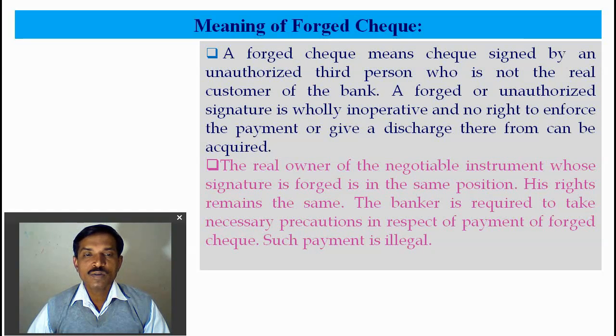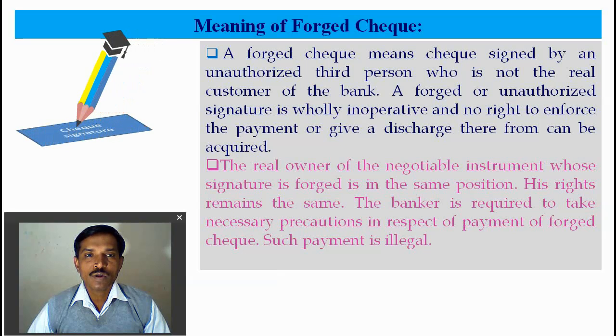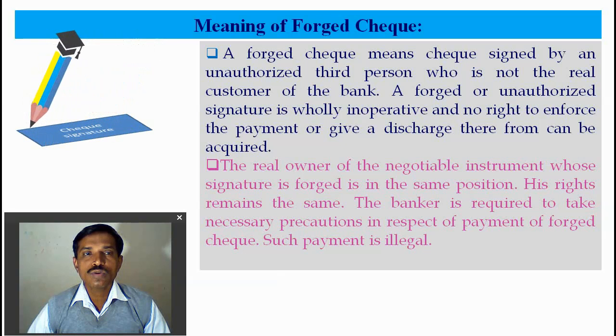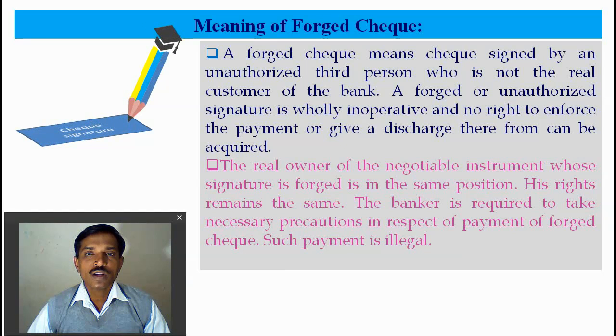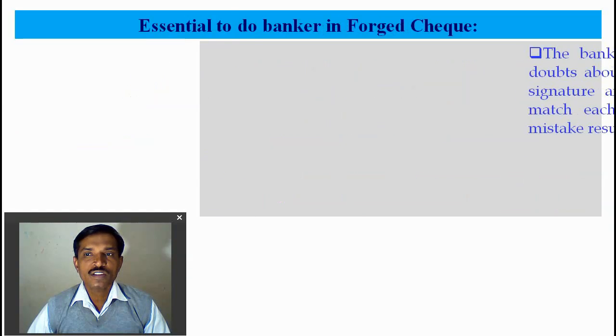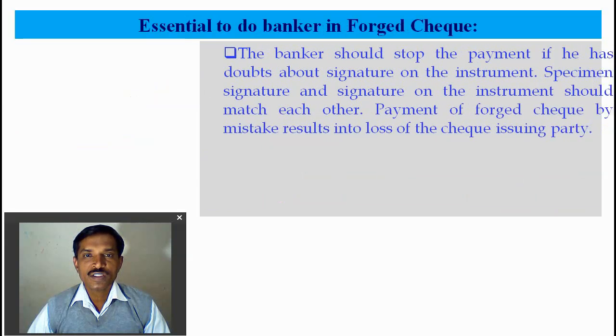The banker is required to take necessary precaution in respect of payment of a fraud check. Such payment is illegal, and that's why the bank needs to take proper precaution about the fraud check, because somebody else may want to cheat the drawer or the bank. In that case the customer claims against the drawee bank for compensation for his loss.